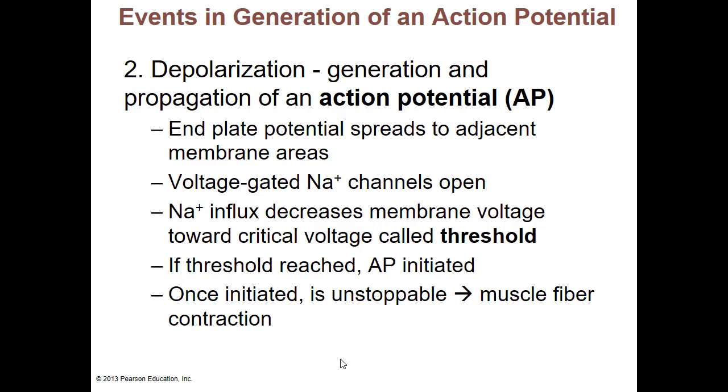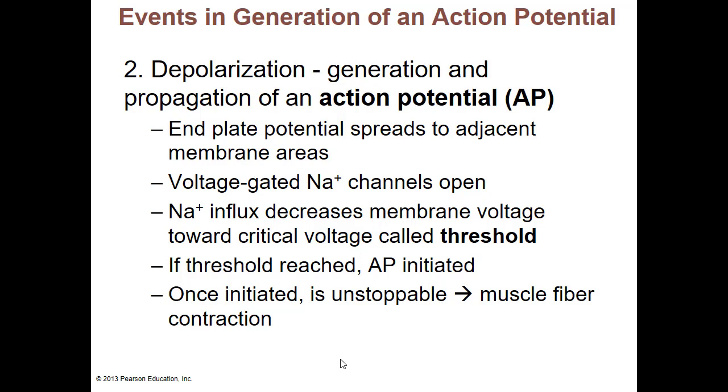It's not going to stay right there. We created a small electrical change right here, and it's going to move along the muscle cell membrane, along the sarcolemma, the plasma membrane.